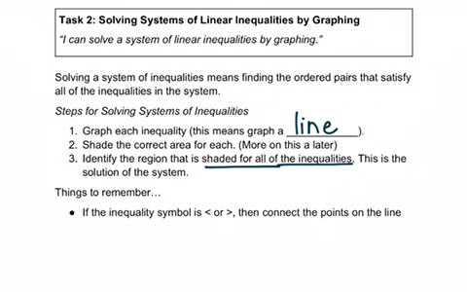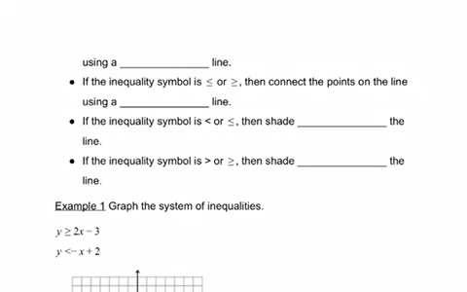A couple of things to remember about inequalities. If the inequality symbol is less than or greater than, then you're going to connect the points on the line using a dashed line. If the inequality symbol is less than or equal to or greater than or equal to, you're going to connect the points on the line using a solid line.